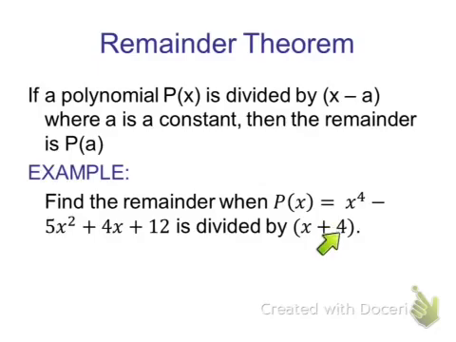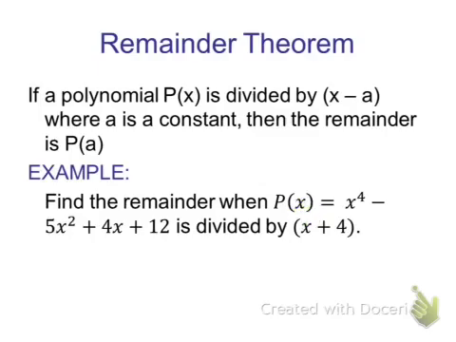Okay, so first thing you have to know, though, is how do I get a? A, remember, is not a positive 4, right? My factor would have to say x minus 4 if a was positive 4. So again, it's that whole opposite thing. A is opposite of what you see in your factor. So since this is a positive 4, my a is a negative 4.